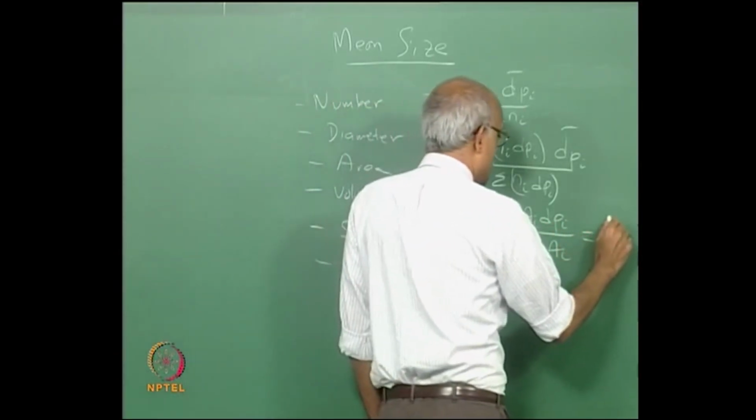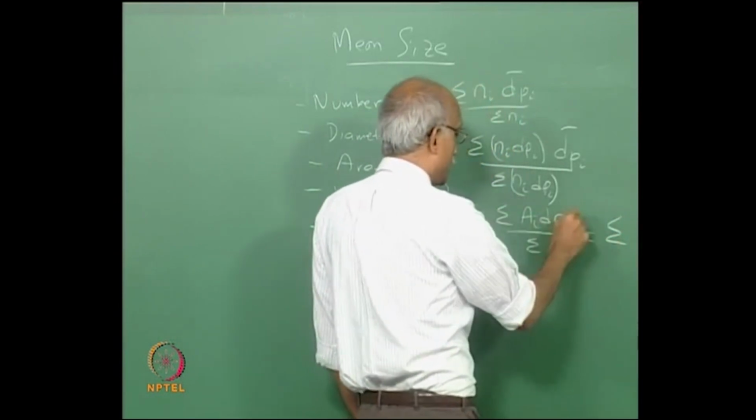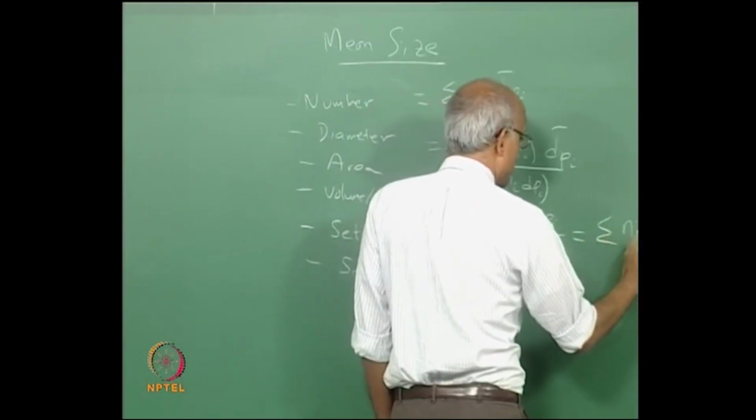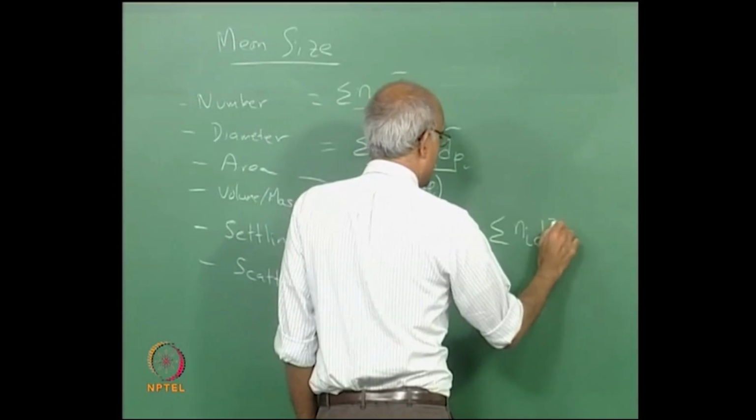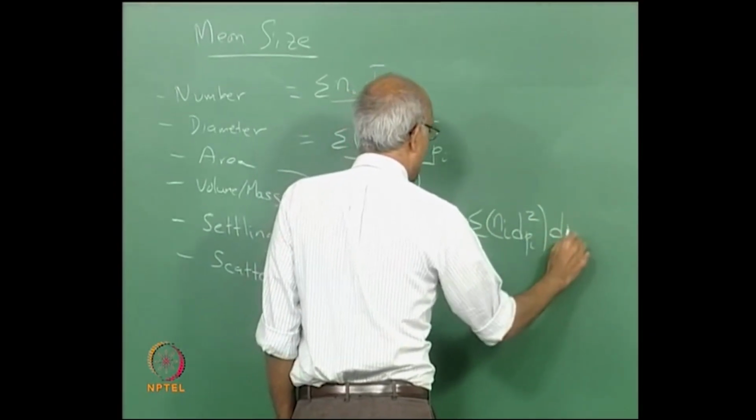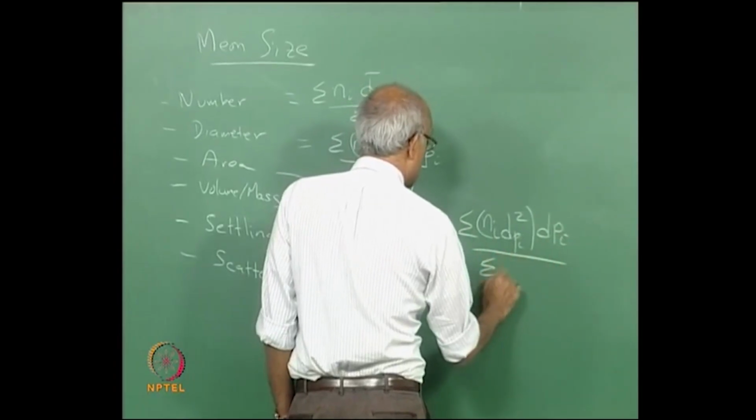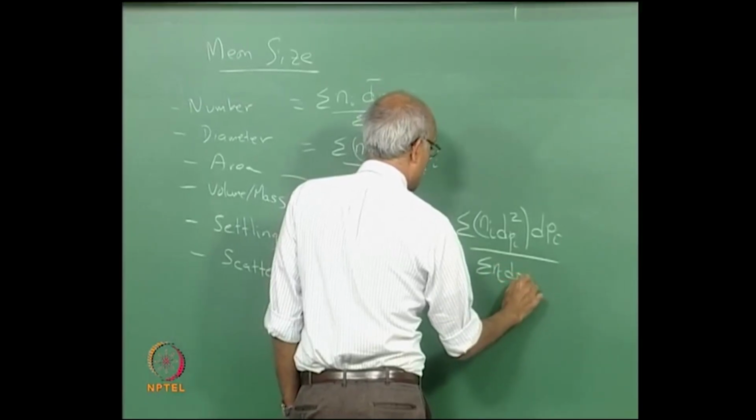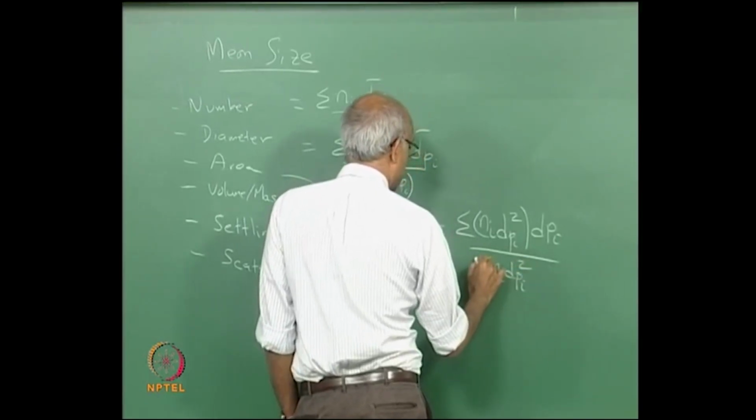So what this is in terms of particle size would be approximately summation Ni dpi squared dpi over summation Ni dpi squared.